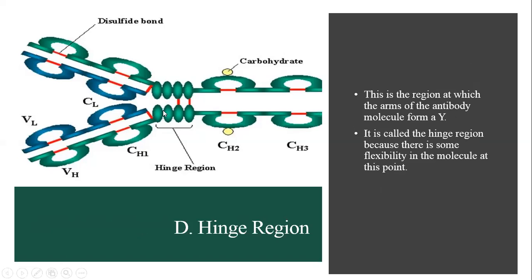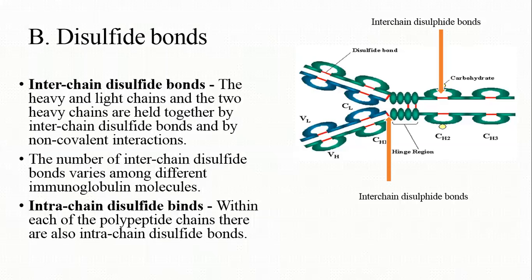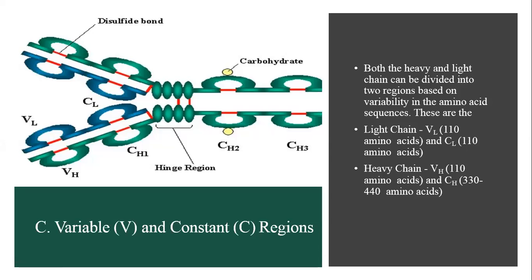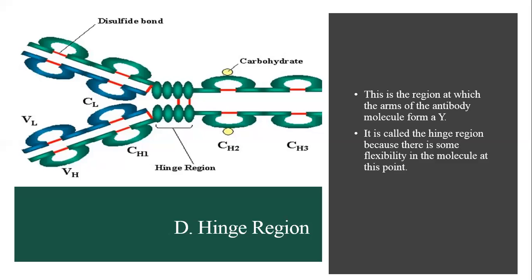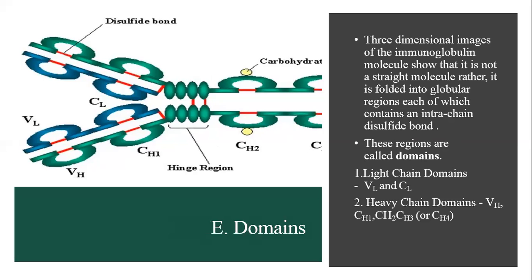This is the hinge region, which joins the light chain and heavy chain. Basically, the hinge region is present between the outer side and inner side heavy chains, and there are some domains.